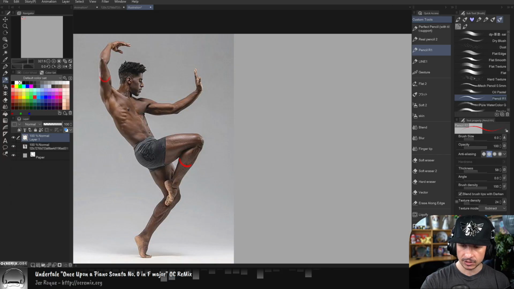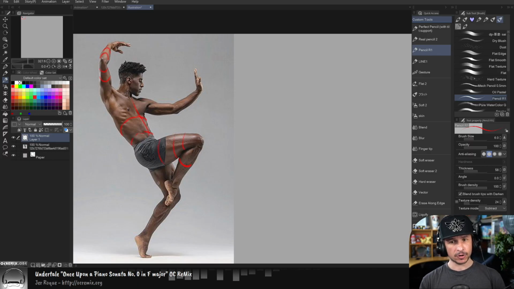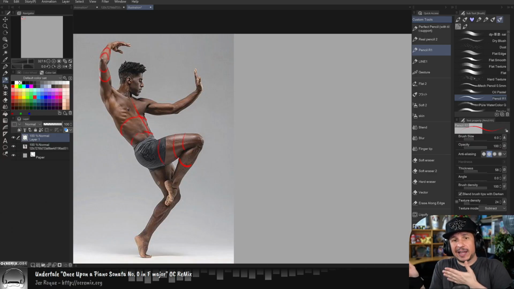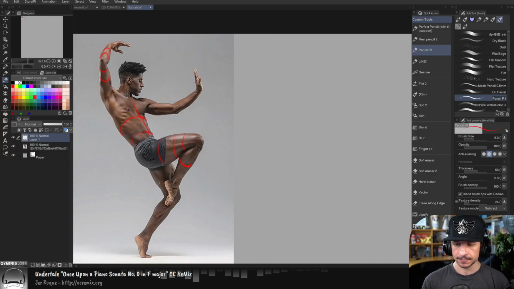So the arm here is going this way, and then it's going this way. The body, we've got that center line here, and it's angled like so. This can really help you understand your forms and make sure that you're not just flattening everything out into sticks pointing in different directions.